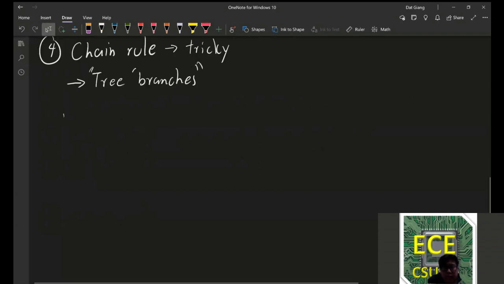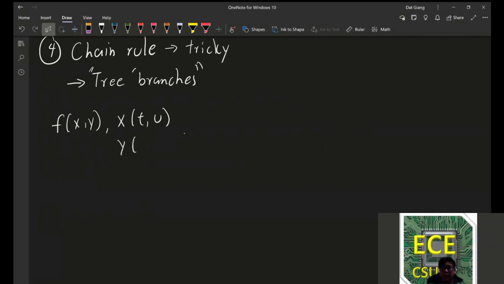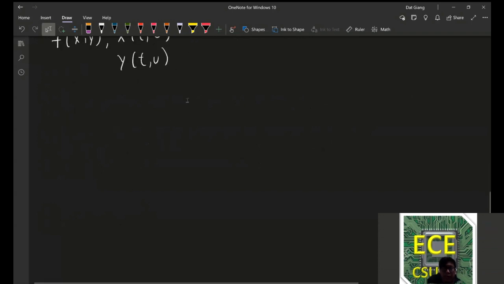Let's suppose that you're given a multivariable function f of x, y, where x is dependent on two variables, t and u, and y is also dependent on t and u. And these are independent variables which do not branch any further.